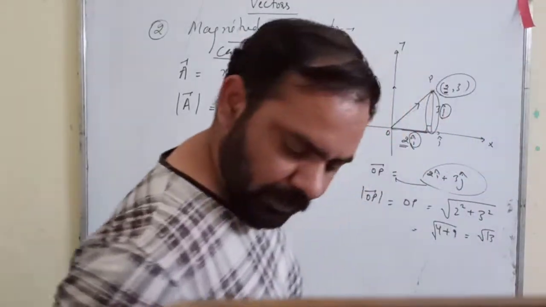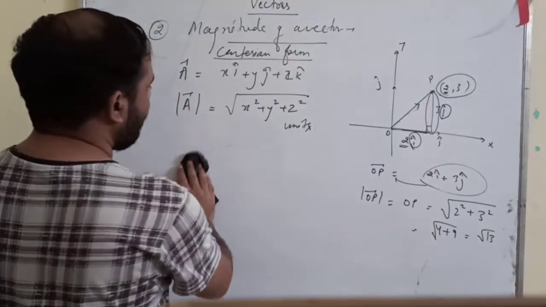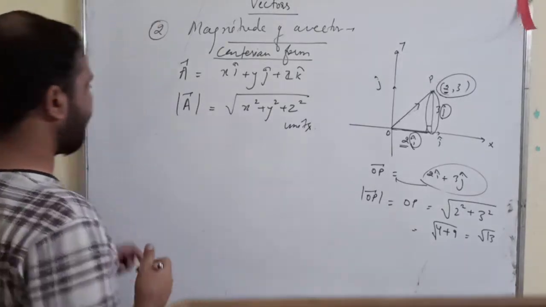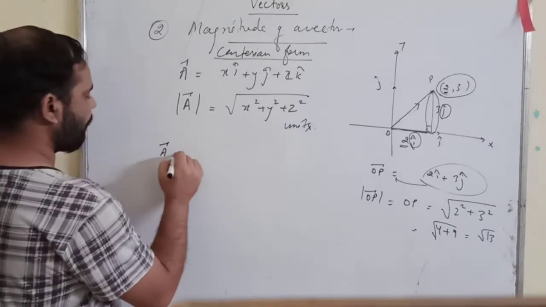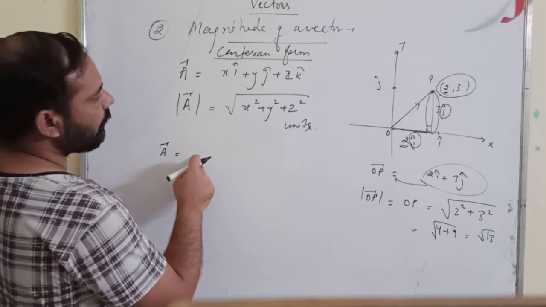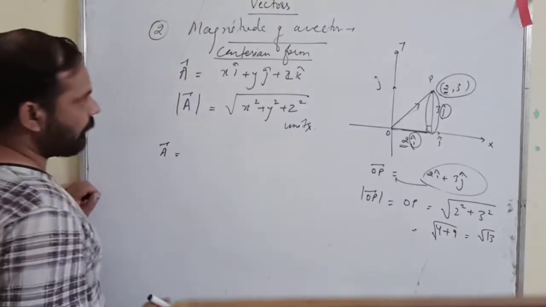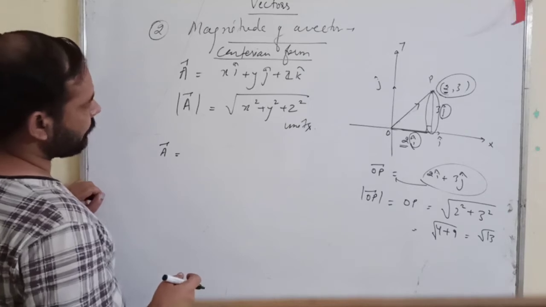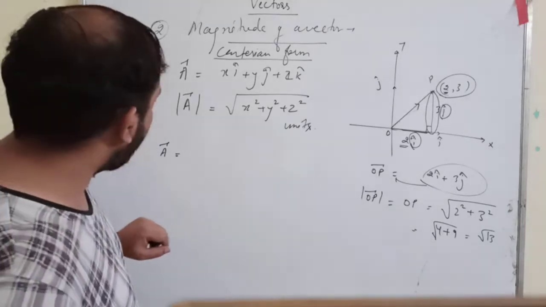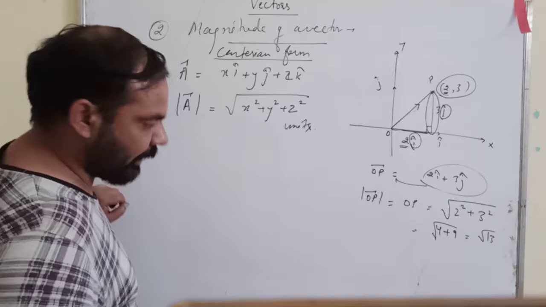Okay, so from here, how can I write this vector, a cap?